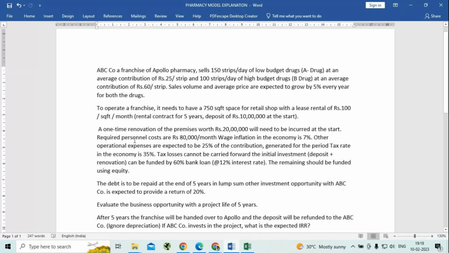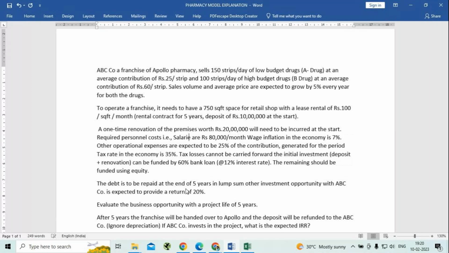So the personnel cost, that is salaries, are rupees 80,000 per month, and there is an inflation rate with the salary.